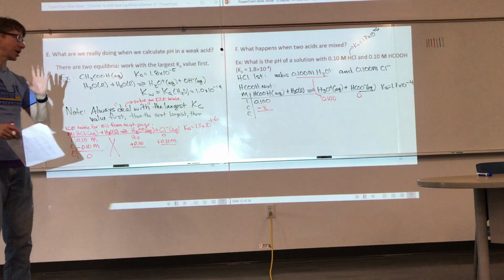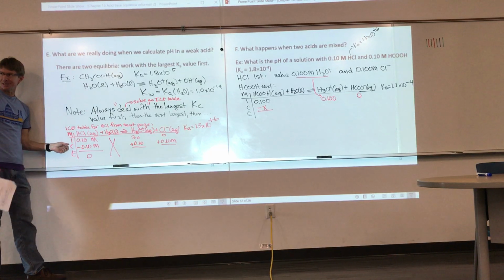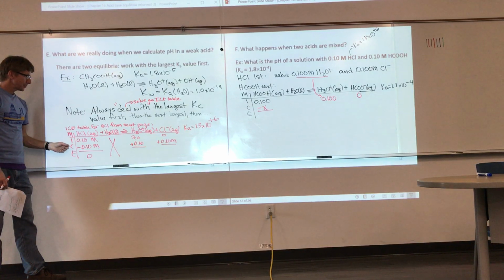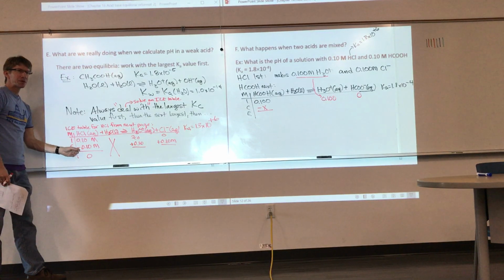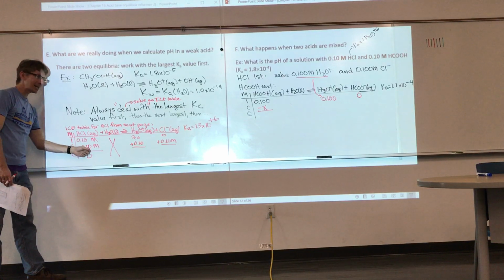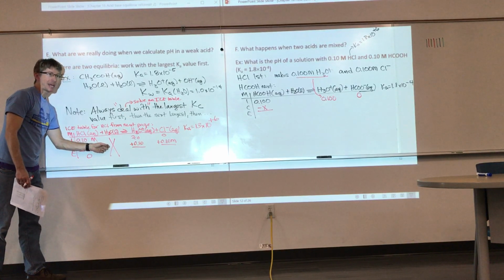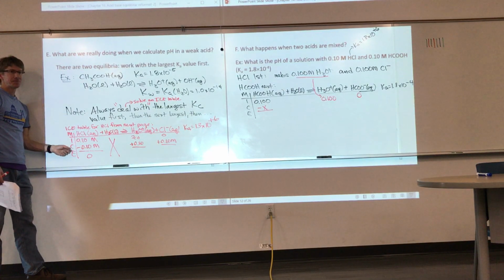So, if we wanted to do this ice table in terms of x's, well, we could put minus x here. But this reaction goes 99.9999%. So x is going to be 0.09999999. And Excel will do it for you because it keeps all its sig figs.